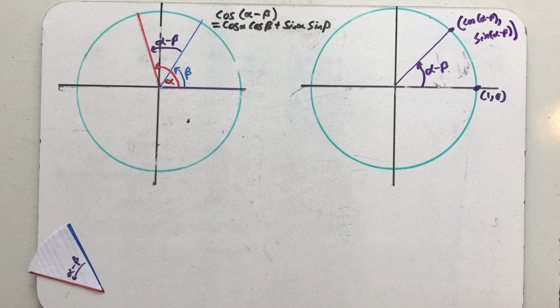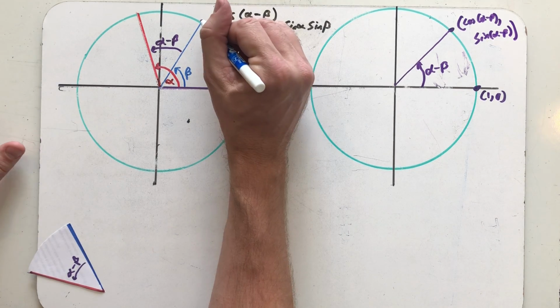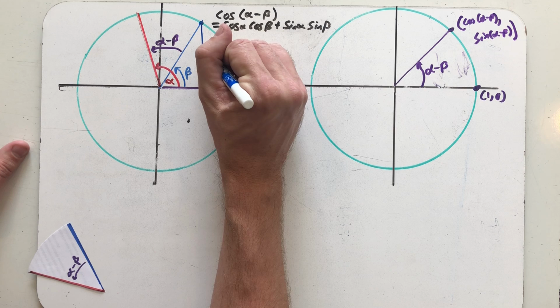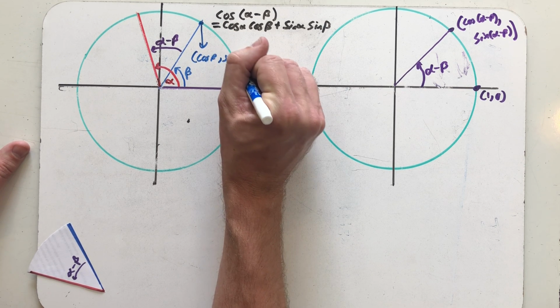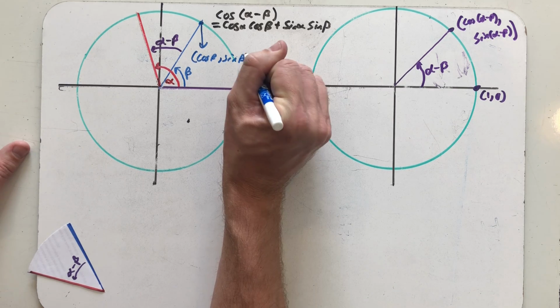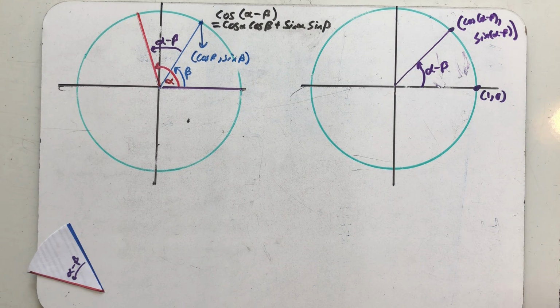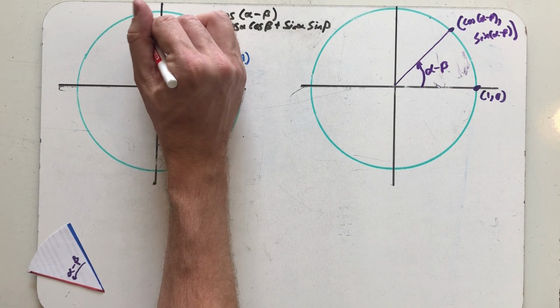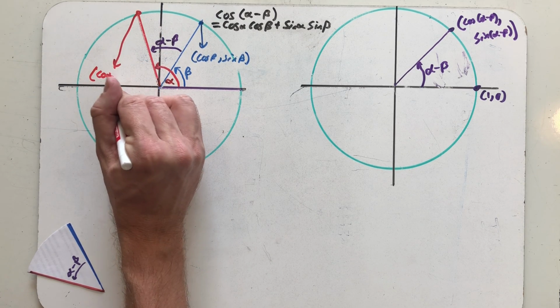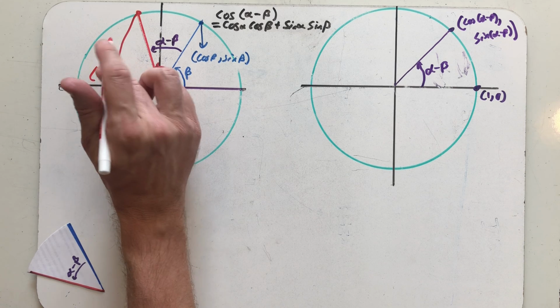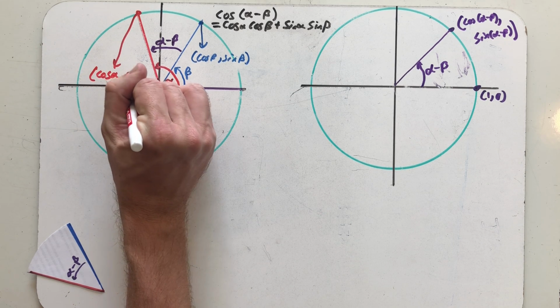Over here on my original unit circle, this ordered pair is the cosine of beta, comma, the sine of beta, and this ordered pair at the top is the cosine of alpha, comma, the sine of alpha.